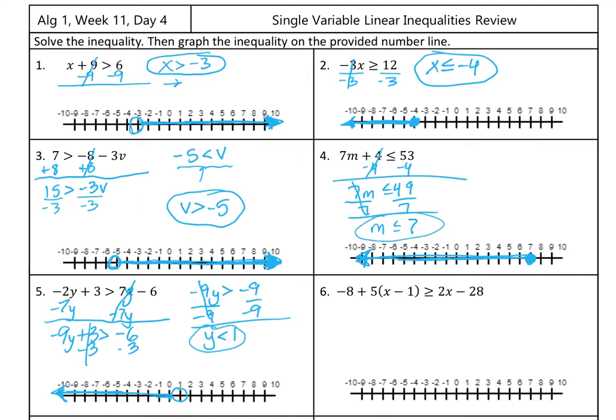6 has parentheses, so we're going to distributive property first. And then let's see, we've got like terms. And then we're going to get the x's on one side and the numbers on the other.